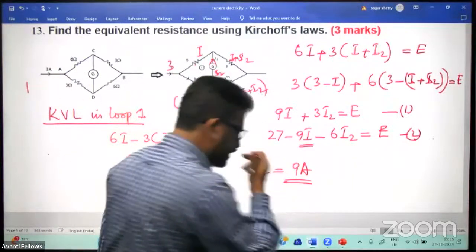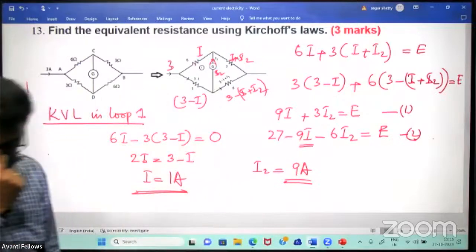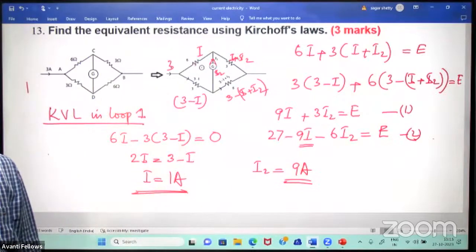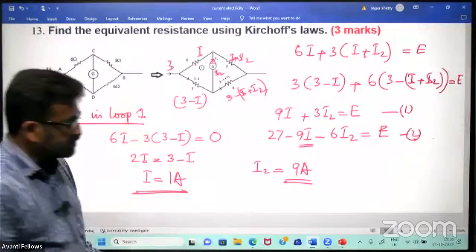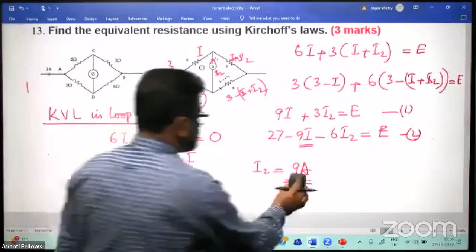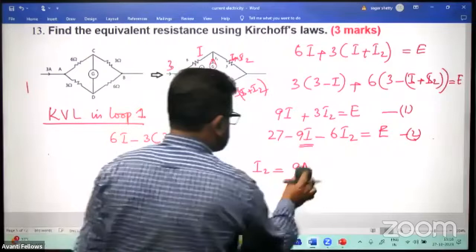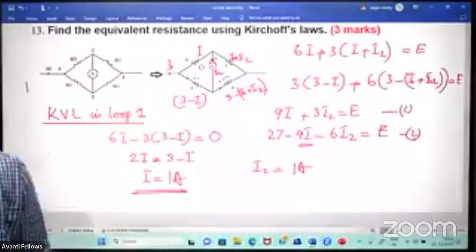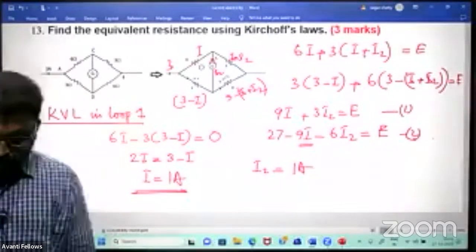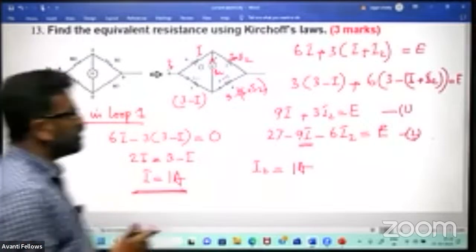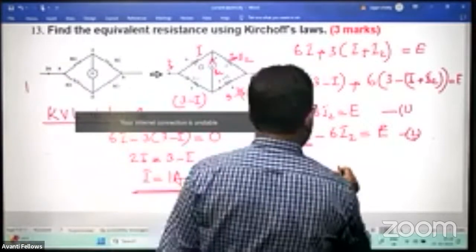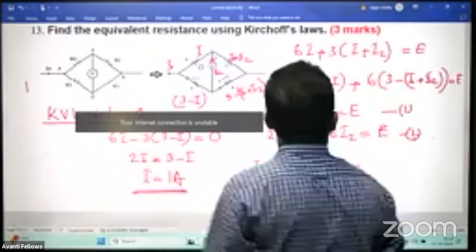We won't get 9. If we get I equals 1 ampere and I2 equals 1 ampere, then what will be the value of E?